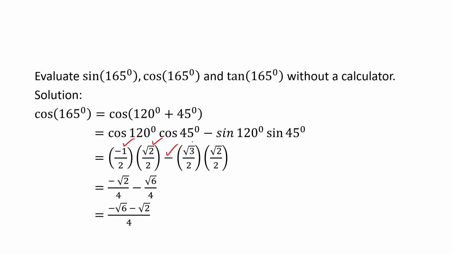The sine of 120 degrees is root 3 over 2, the sine of 45 degrees is root 2 over 2. Well, negative 1 times root 2 is negative root 2. Root 3 times root 2 is root 6. So we have negative root 2 over 4 minus root 6 over 4, which ultimately is negative root 2 minus root 6 quantity over 4. And we can call that negative root 6 minus root 2 over 4.